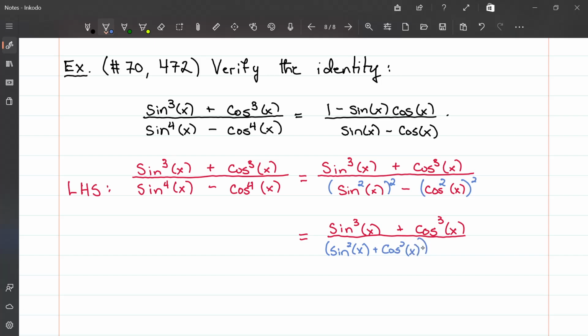Some of you may already be yelling at your screen, I know what that's going to become. I bet you do. Good work. Times sine squared minus cosine squared. Ugh, we're almost off the screen. And I guess we better go ahead and extend this fraction bar as well.